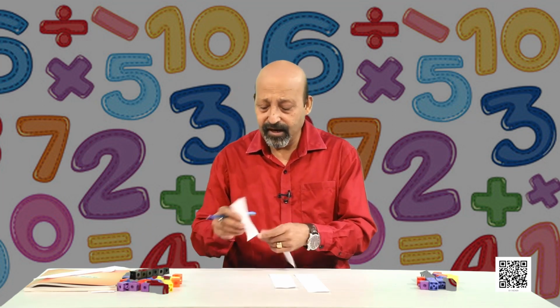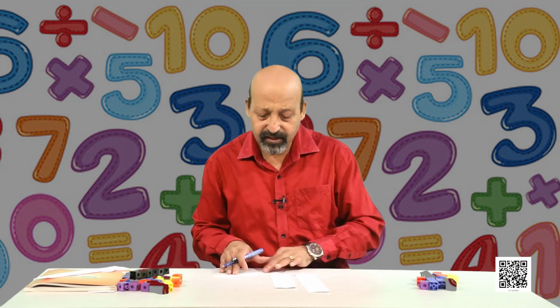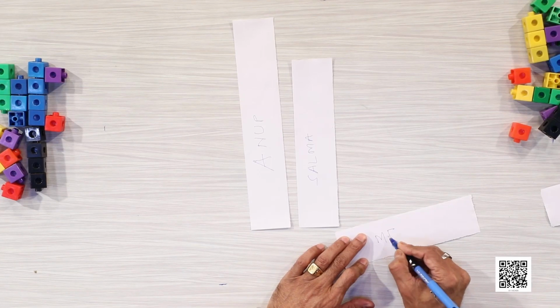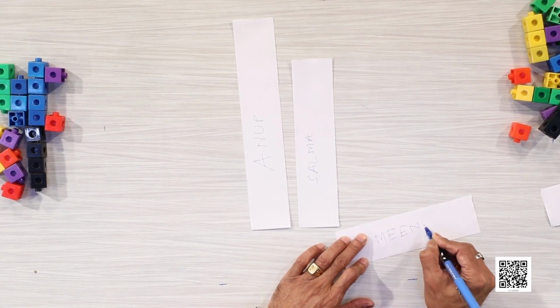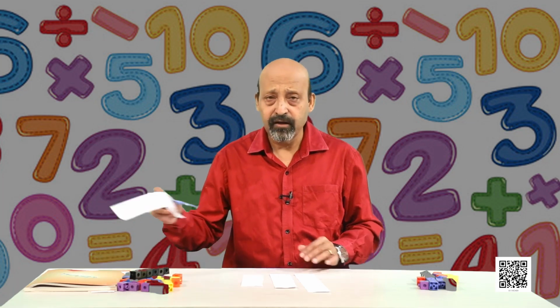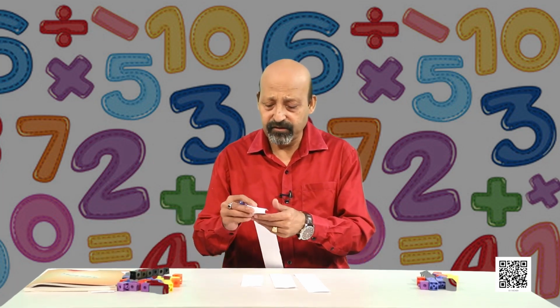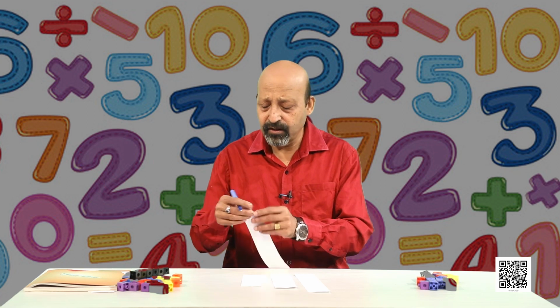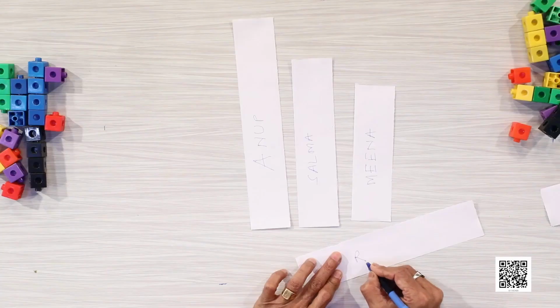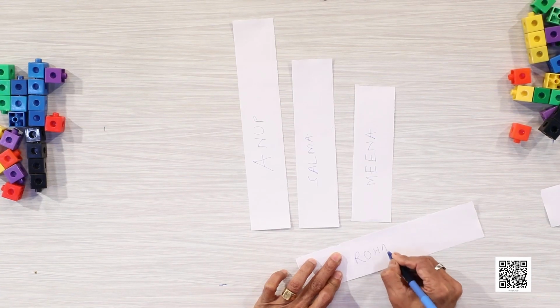She measured and then she found this is the length of Meena's arm. So, she wrote Meena here. And for Rohan, the length was again measured, and for Rohan the length came up this one. So, they wrote name of Rohan here.